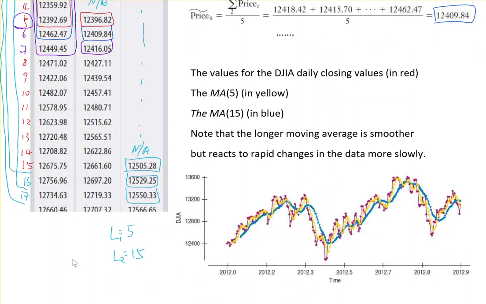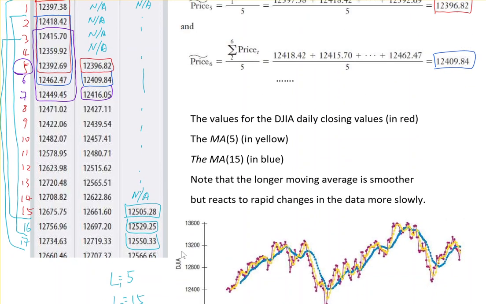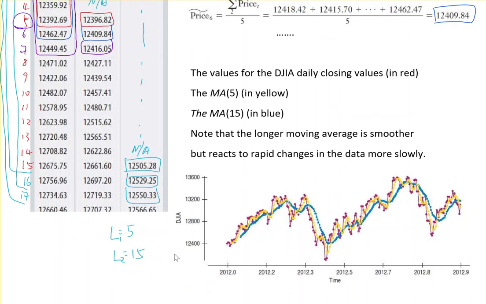So which one is closer to the population mean, the true mean? Of course, it will be the 15 one. So if you use L equals 15, you are averaging 15 of them for every point, then the line will be smoother, which is the blue line.